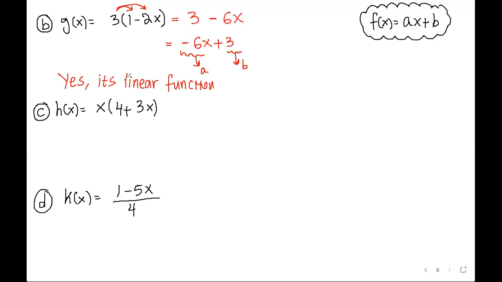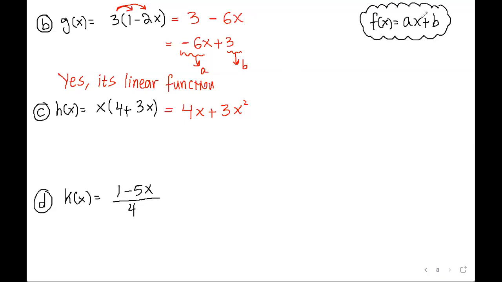Who will do the third one? C. It's 4x plus 3x squared. We distribute the x inside the parentheses, 4x plus 3x squared. And here we have an exponent of the variable, this one is 2. Because the exponent is 2, this means the function is not linear.